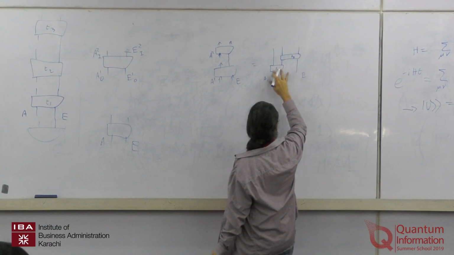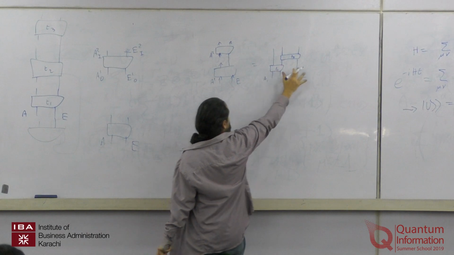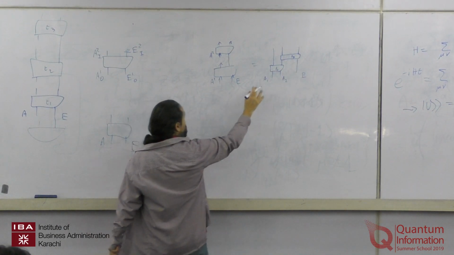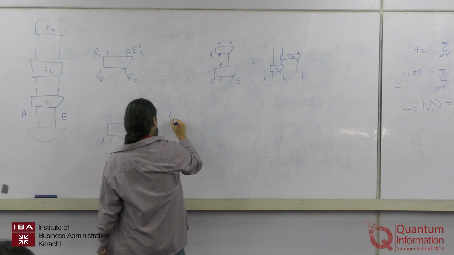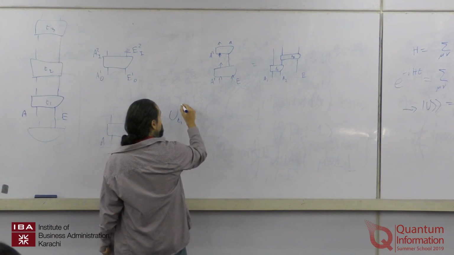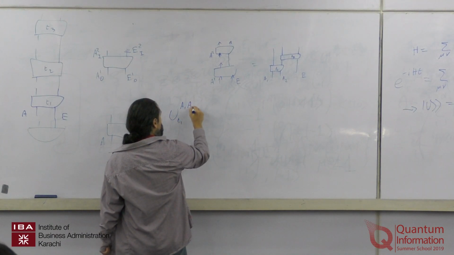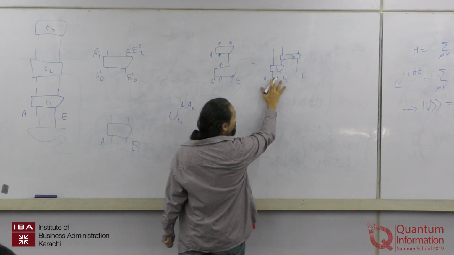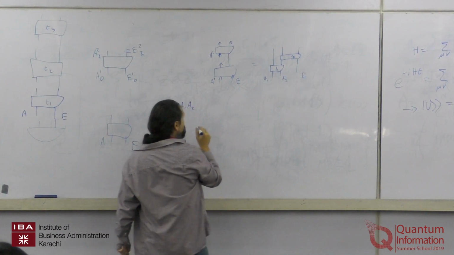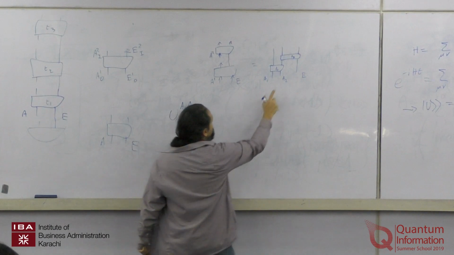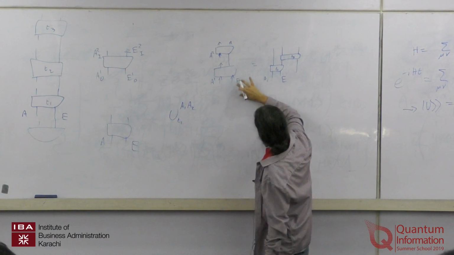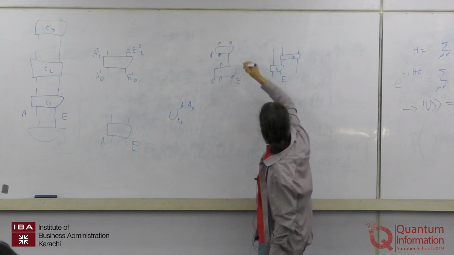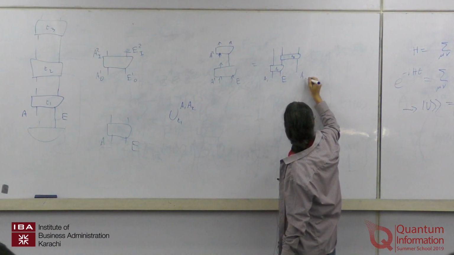So first of all, what does this circuit represent? Here we have this operator acting on A1, A2. So this will be U of time 1, A1, A2. And now this operator does not act on E. Sorry, there is a mistake here. I apologize. This is E, because this is the E line, and this is A2.